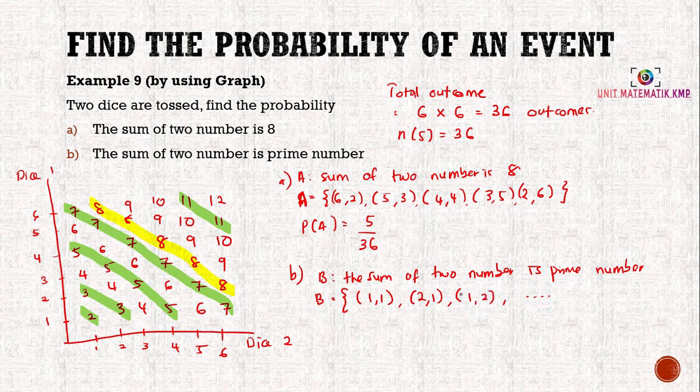So you buat sendiri this one macam mana yang kita buat dekat soalan A. So you list down sendiri and then we can see that it has 15 over 36 and then it can be simplified. You can have 5 over 12. So this should be your final answer.